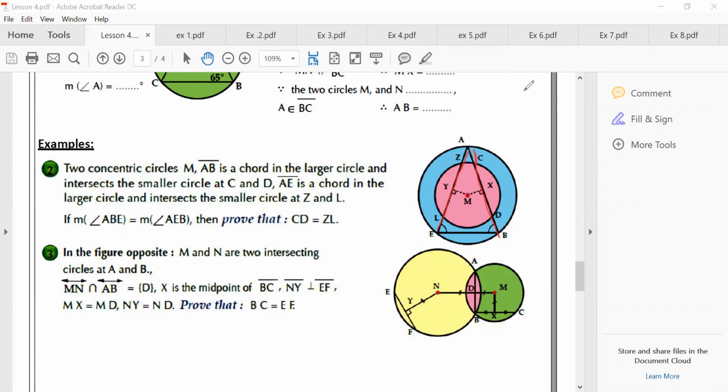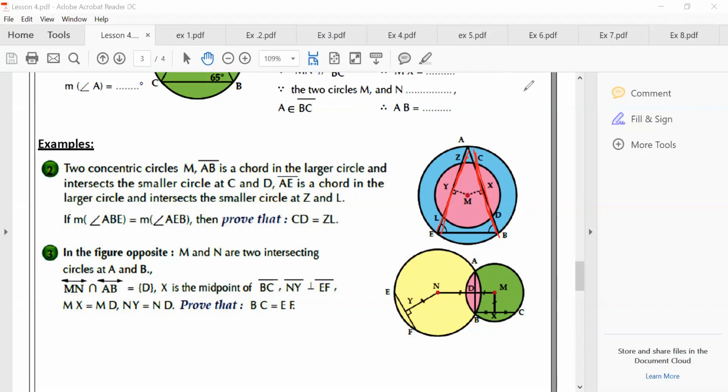This is not given till now. Maybe because the two will be chords in the circle. Which circle, the big or the small? AE is a chord of the big one, whereas ZL is a chord of the small one.